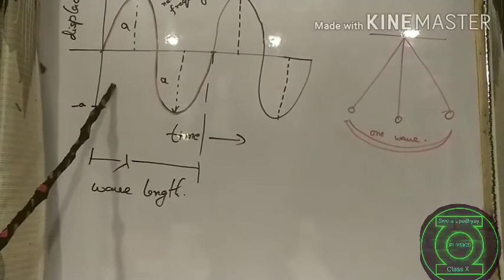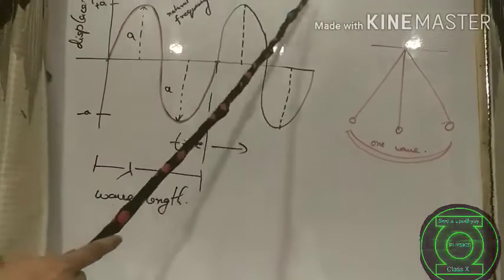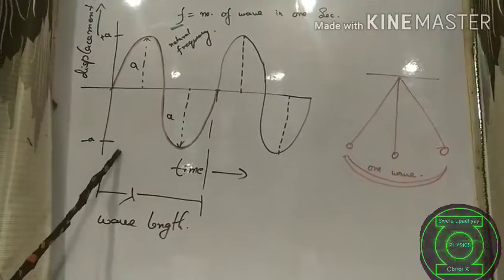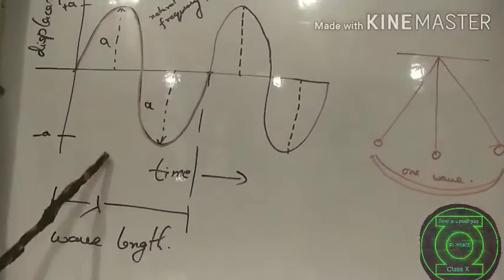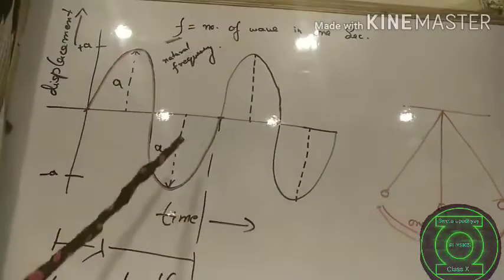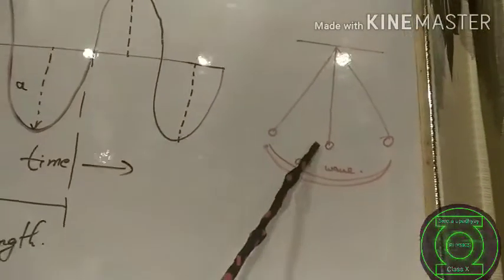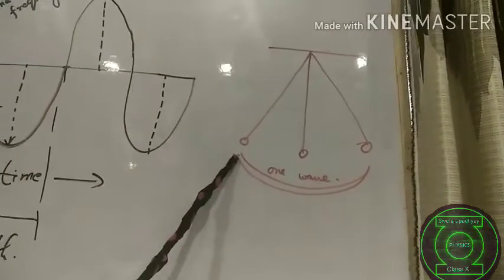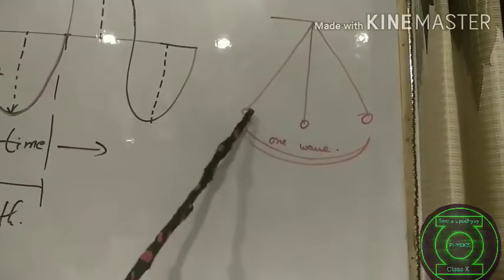And frequency, here, what is frequency? We know that it is the number of waves in 1 second. Here we call it natural frequency. And to calculate natural frequency, we know the formula, that is, the number of waves in 1 second. Suppose we are considering a simple pendulum, so we have started our vibrations from one of the extreme positions. We go to the other extreme position and again come back.